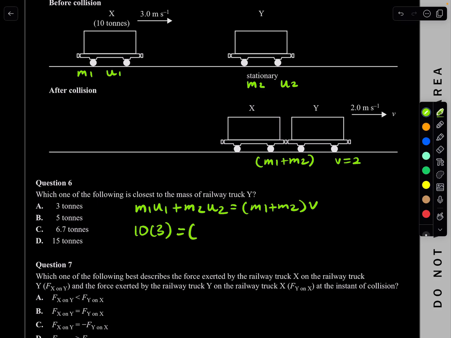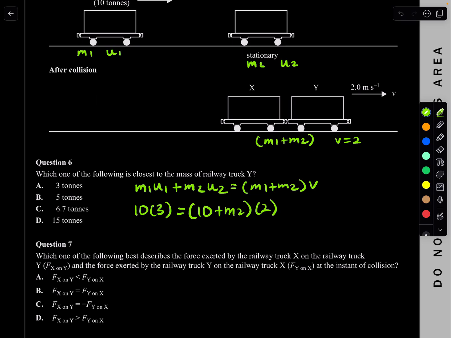Is equal to M1, again it's 10, plus M2, times V, which is your final velocity, which is 2. Well, so what's 10 times 3? That'll be 30. And so that'll be 20 plus 2 M2. So it'll be 10 is equal to 2 M2. And M2 is actually equal to 5 tons, which is B.